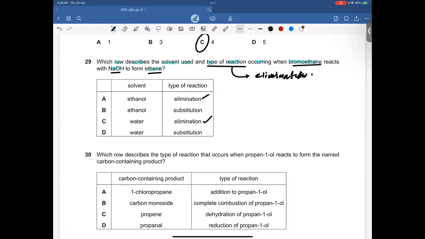Sodium hydroxide is solid at RTP, but to use it as a solvent, we need to dissolve it in water. So water is going to be the solvent here. So the right answer is going to be C.